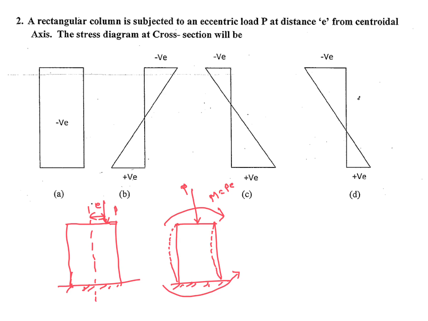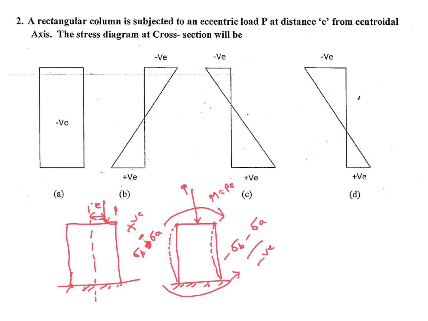Here bending stress plus axial stress, but compressive, so it's minus. This side both are negative, sigma B minus axial compressive stress. So the negative part is more and the positive part is less.